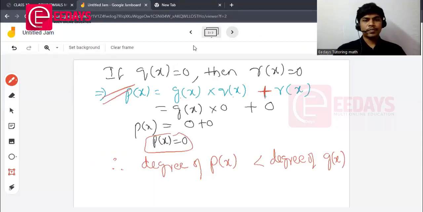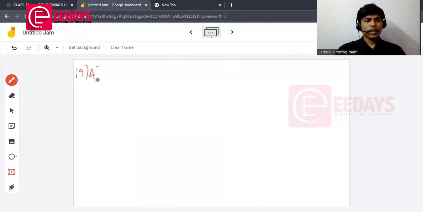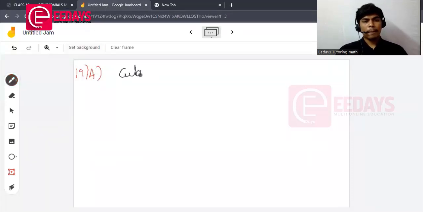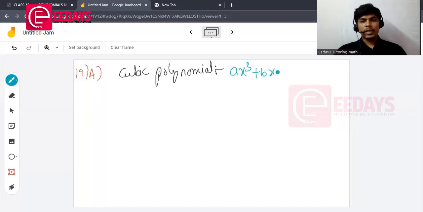Now 19th one. For the cubic polynomial, that is ax cube plus bx square plus cx plus d.